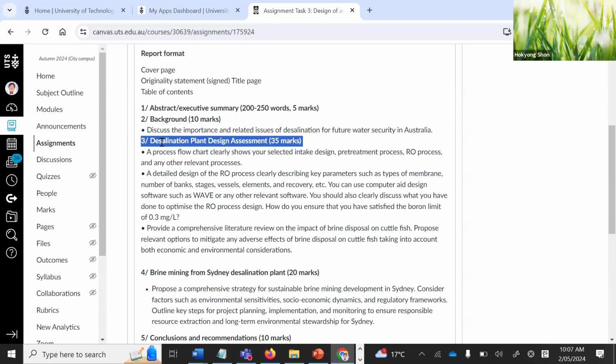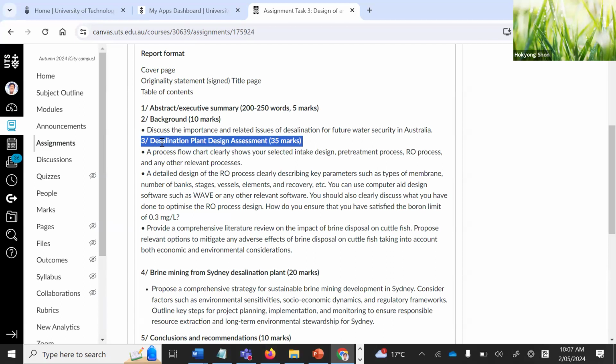But we also have several similar software from Nalco or from Veolia, their own software. So if you want, you can utilize some other software because the concepts are the same. But I would like you to use this one because they have a very good history of desalination software. So you can utilize this one.